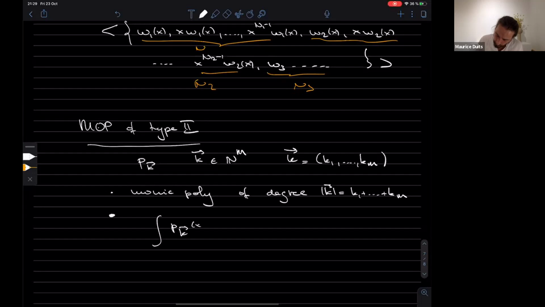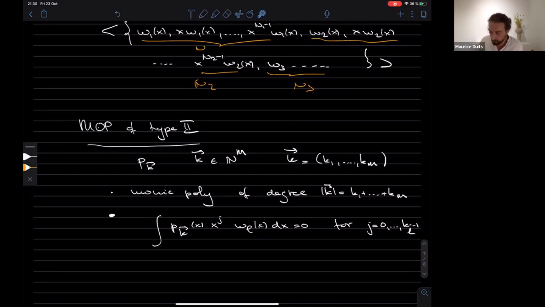The integral of p_k(x) times x to the j times w_l(x) dx will be 0 for j running from 0 to k_l minus 1. So for each w_l, it has to be orthogonal.